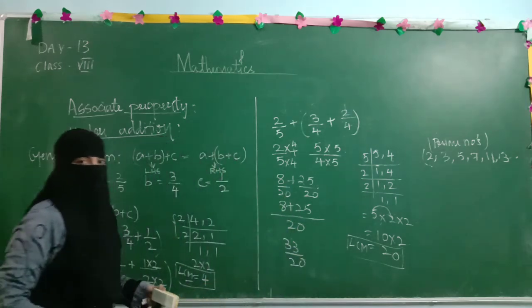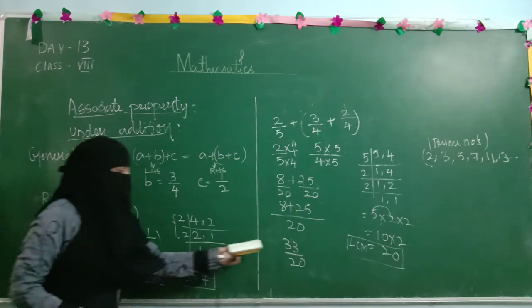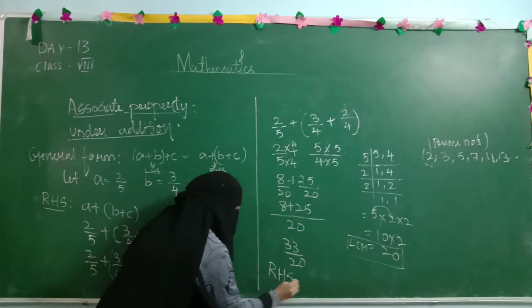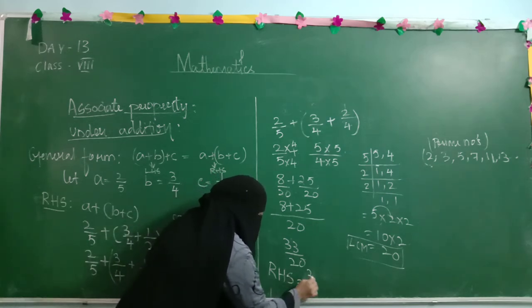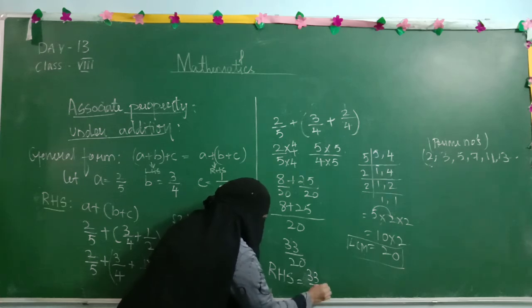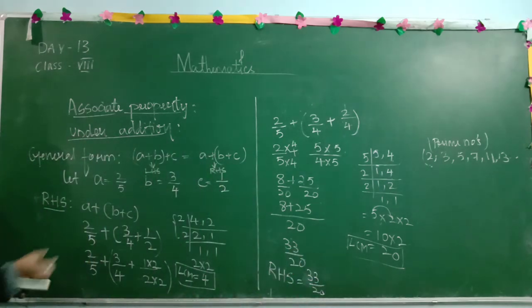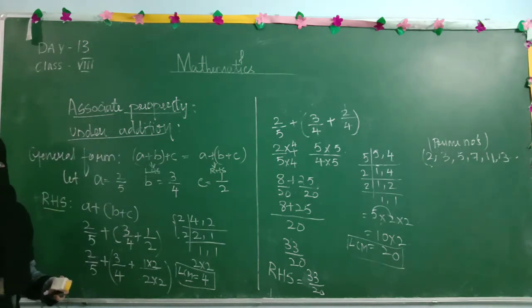Got it? So when we calculated the LHS also we got 33 by 20, and this one is the RHS. RHS equals 33 by 20. So what have you observed here? You have observed that if we change the order, we still get the same result.